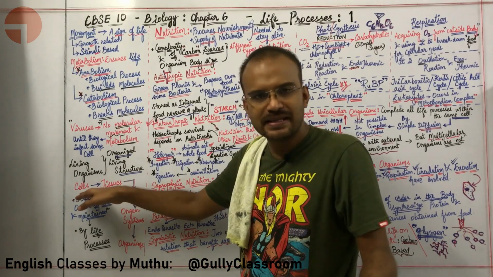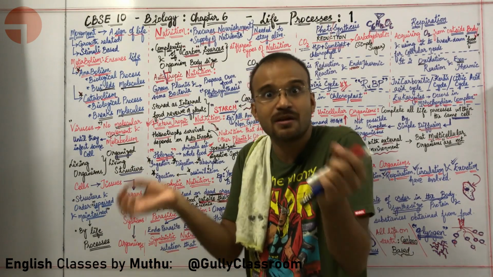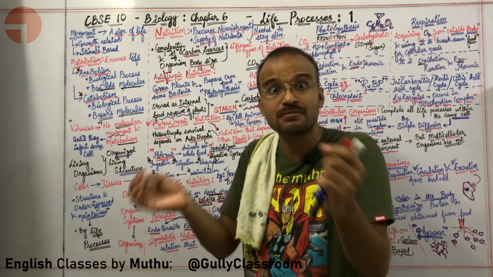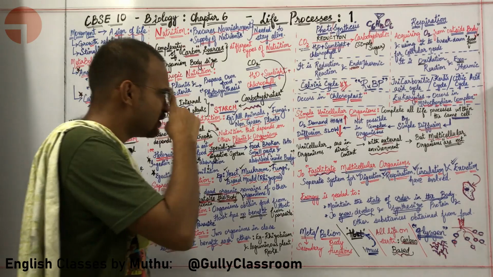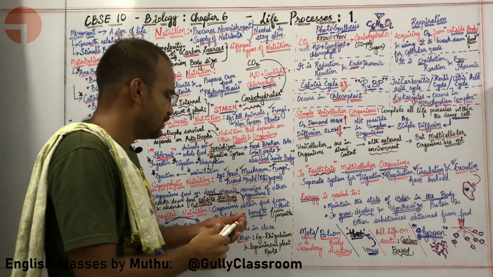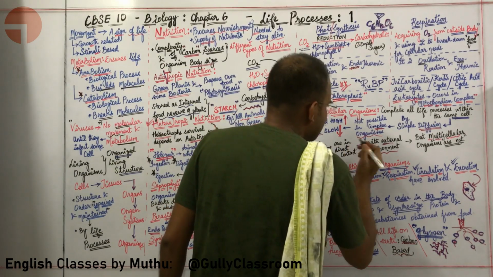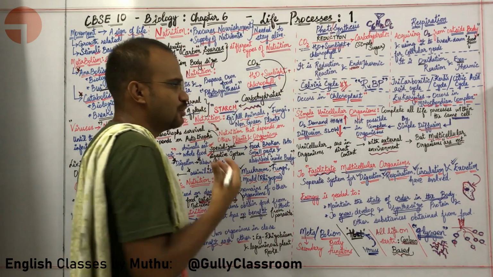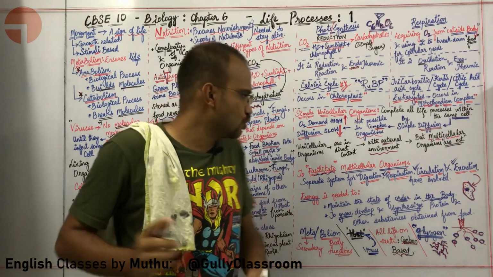The cells combine together to form tissues. Tissues combine together to form organs. Organs combine together to form organ systems. Organ systems combine together to form the organism. So they are basically complex. It is not easy for a multicellular organism to get the needed oxygen because its system is too complex.